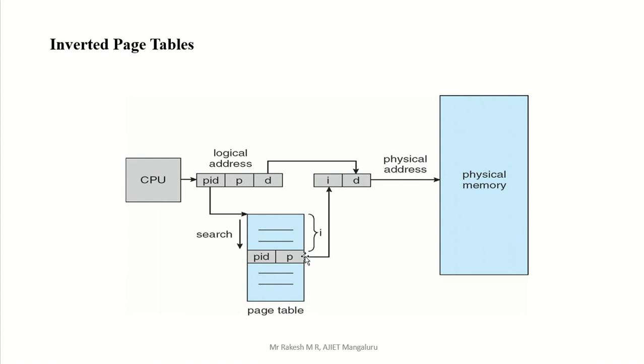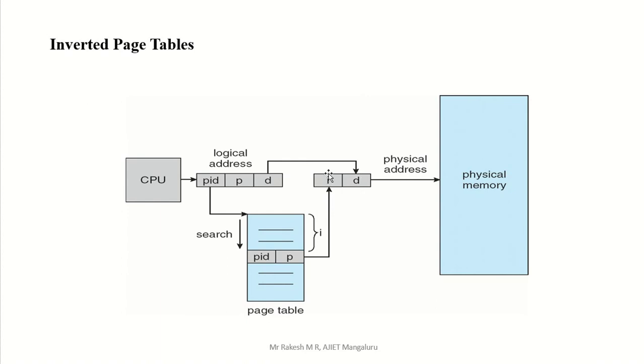The corresponding frame number is sent as the physical address to memory. The physical address contains the frame number, and here it is represented by I, actually it is F. In your textbook they represent it using I. So F and D: F you get here, and D is the size of the frame or size of the page, both are the same actually.